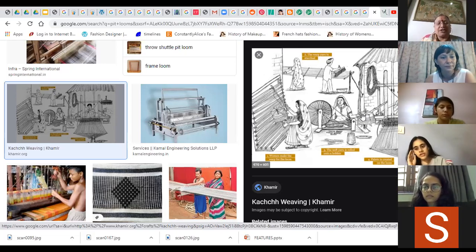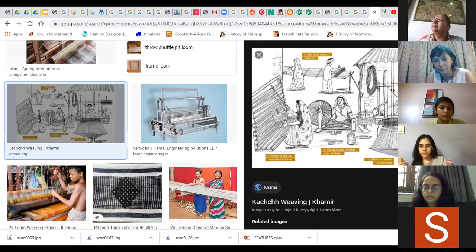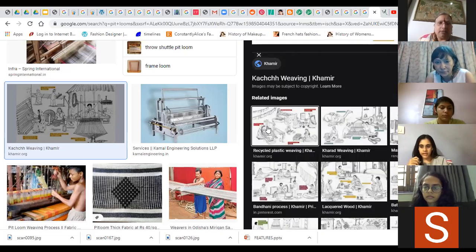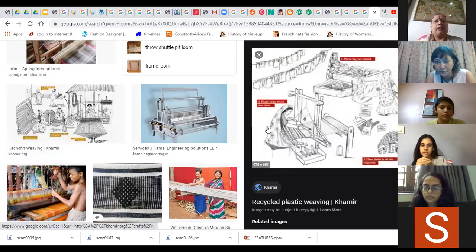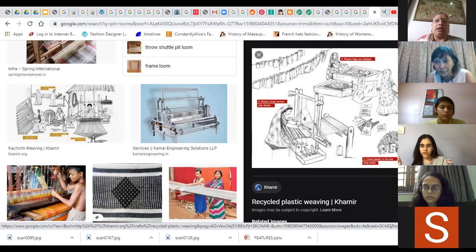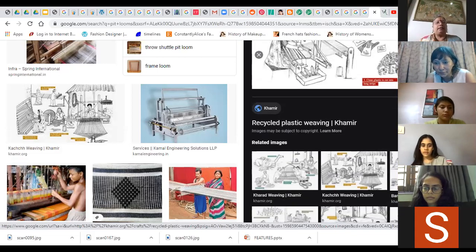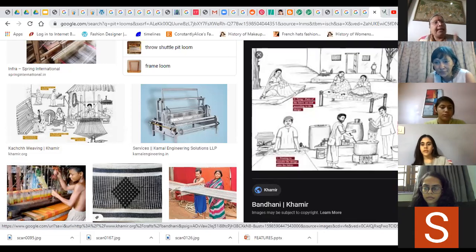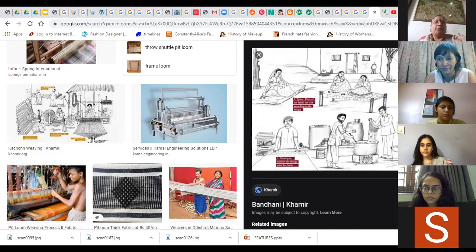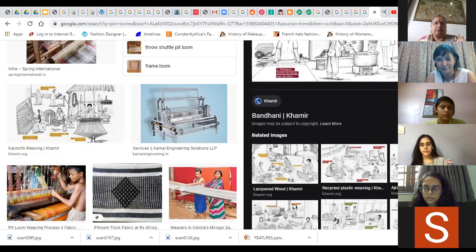Ma'am, I have a question. There are some looms that even have an electronic or a mechanical aspect to them, right? 100%. So how do those work? Is the warp electronic? The shuttle, they are powered with electricity. The minute it is powered with electricity, it is known as power loom. It is not handloom.